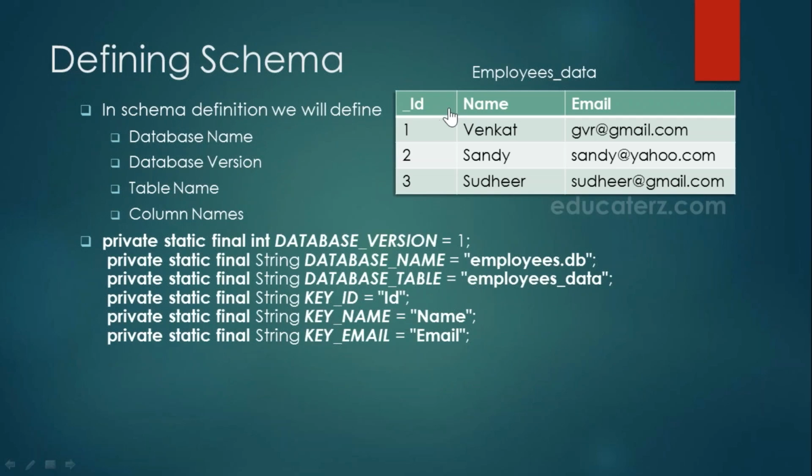The first one is ID, the primary key. Next is name, which we set as varchar2 in SQL, and assume this is your phone number, where you will take a long or something else. So when you set something with a type, these columns will accept only that type of data.